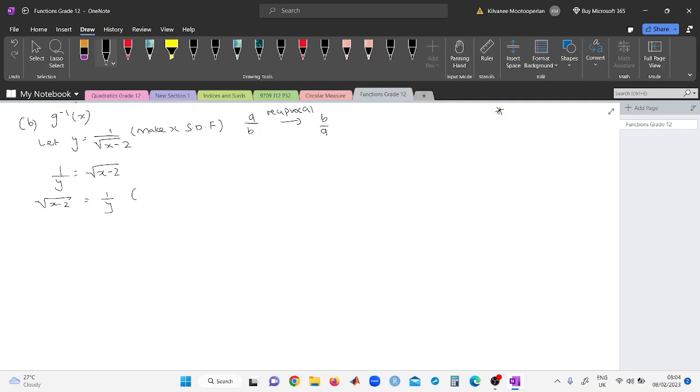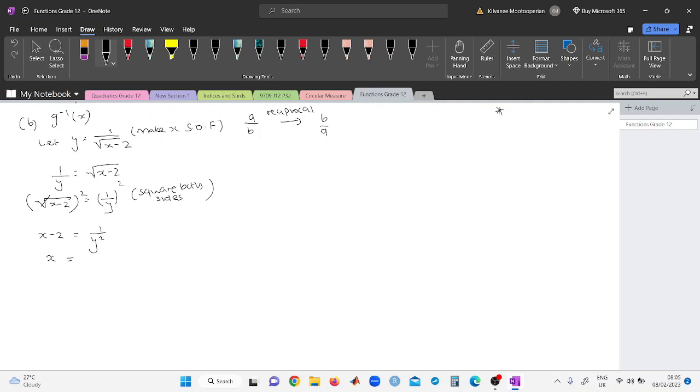Maintenant, pour enlever la square root, je vais square both sides. Donc, comme je square both sides, il vient comme ça. Ok, donc quand il y a une square root avec mon square, il cancel. Donc, je me retrouve avec y minus 2, 1 over y square. Maintenant, minus 2, je vais de l'autre côté, because je besoin make x the subject of formula.